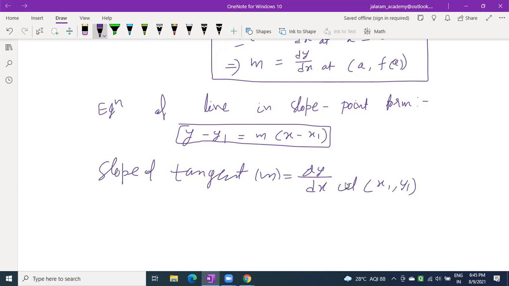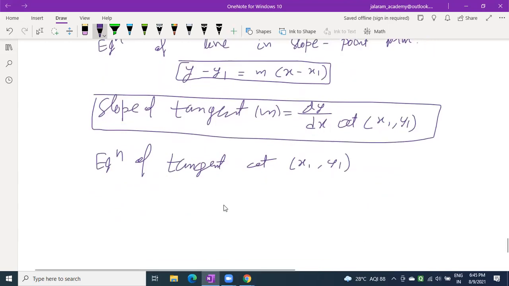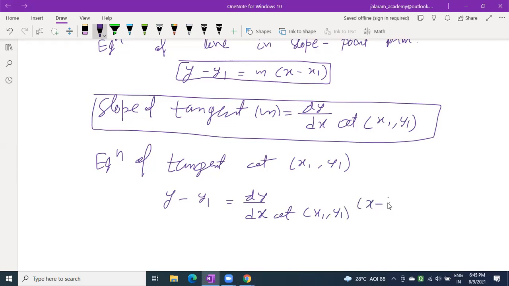If we name A comma f(A) as x1 comma y1, then the equation of the tangent at x1 comma y1, where x1 comma y1 is the point of contact, is y minus y1 equals dy by dx at the point of contact into x minus x1.